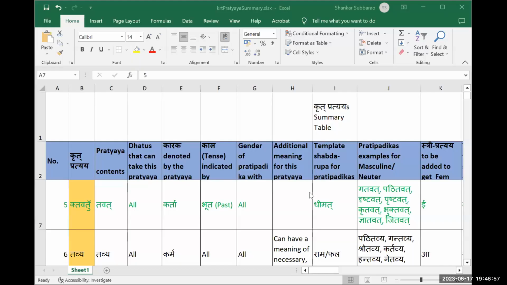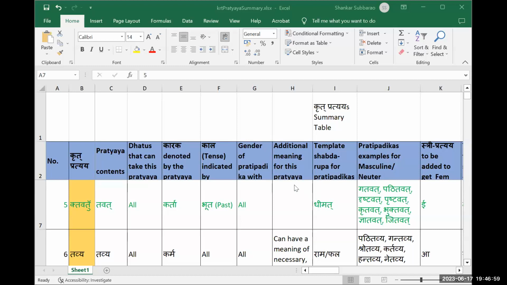See, this spreadsheet is not a. Are you seeing it or am I not showing you? Maybe I'm not showing. Let me make sure I'm sharing it again. Where's my spreadsheet now? Okay. The spreadsheet is not a very simple spreadsheet.